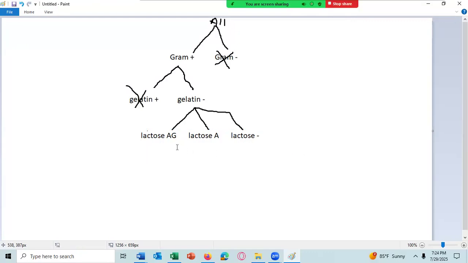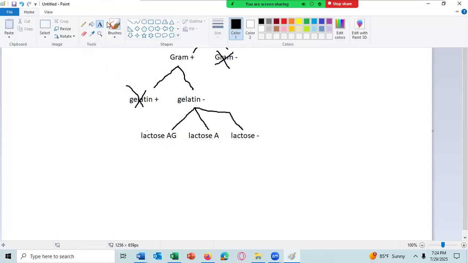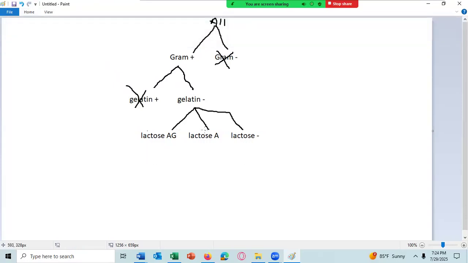And let's say it's lactose AG. So you can then cross this one out and that one out, and then do a test to differentiate the species, which are lactose AG, gelatin negative, and then gram negative.